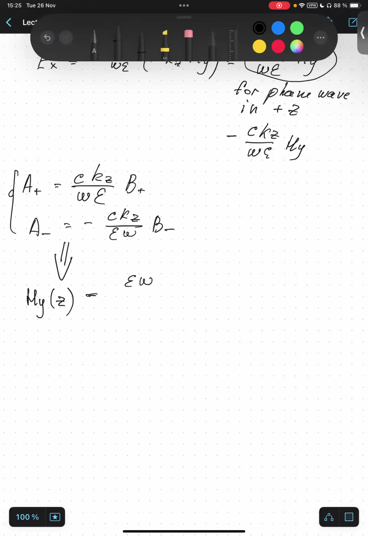epsilon omega over c kz, A plus e to the power i kz z, minus A minus e to the power minus i kz z. For simplicity, let's call it for some coefficient alpha in power minus 1.